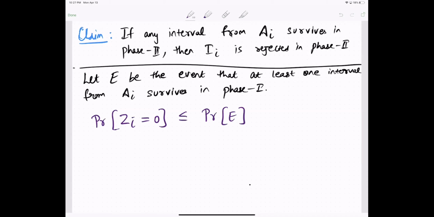Well, let's see if this equation is true, right? Okay, what am I saying? I'm saying probability Zi is equal to 0. Zi equal to 0 means the interval Ii did not survive in the second phase. And what is event E? Event E is saying that somebody from Ai... okay, I think I made a mistake here.